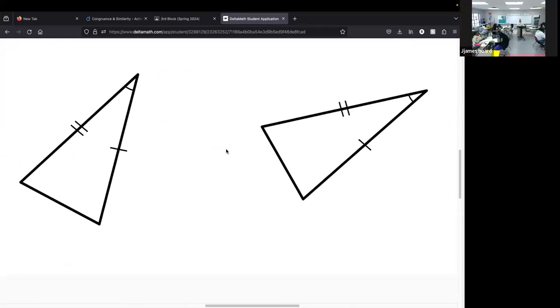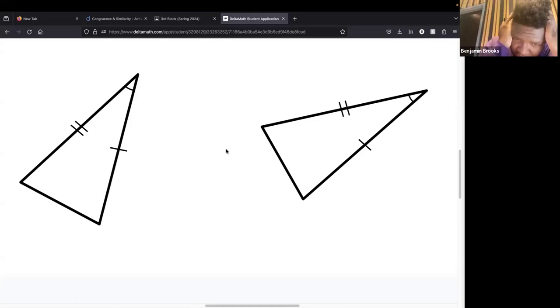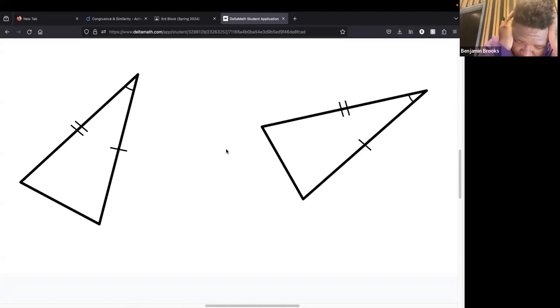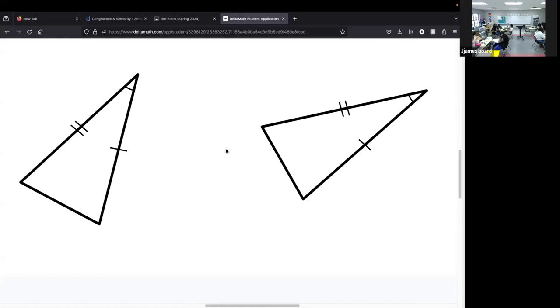In this case, do you all think that these 2 are congruent? Yes. Why? Which one can you use here? Angle side. I heard something, but I can't hear what you're saying. SAS, that is correct.